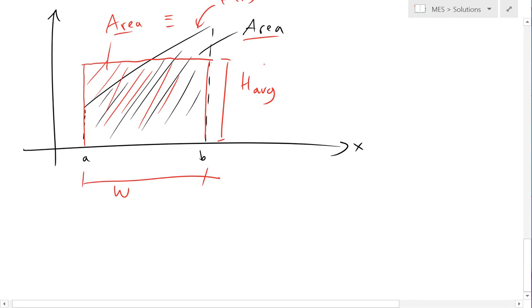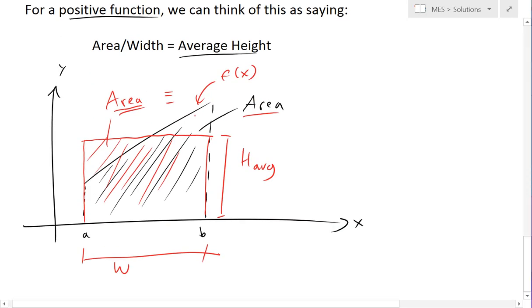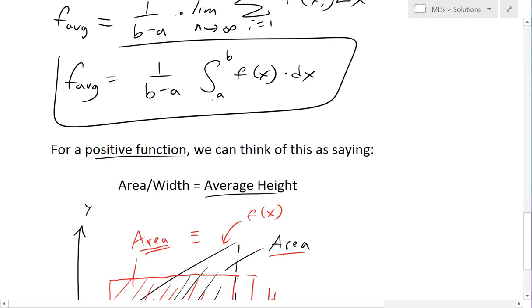So all we're doing is finding an average height, or a height that when you multiply by the width, you get the equivalent area as you would if you took the integral underneath the curve. That's because this part right here is just an area, and this b minus a, that's just 1 over the width.